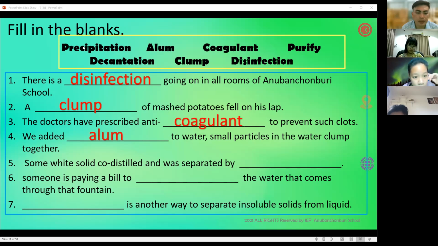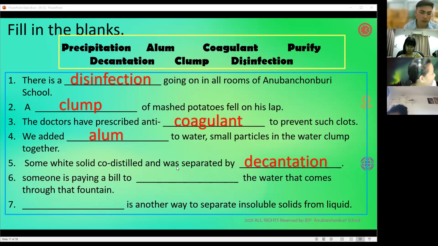Decantation or precipitation? Decantation. Okay, let's see. Very good. Some white solid could distilled and was separated by decantation. Number 24 again, right? Very good.